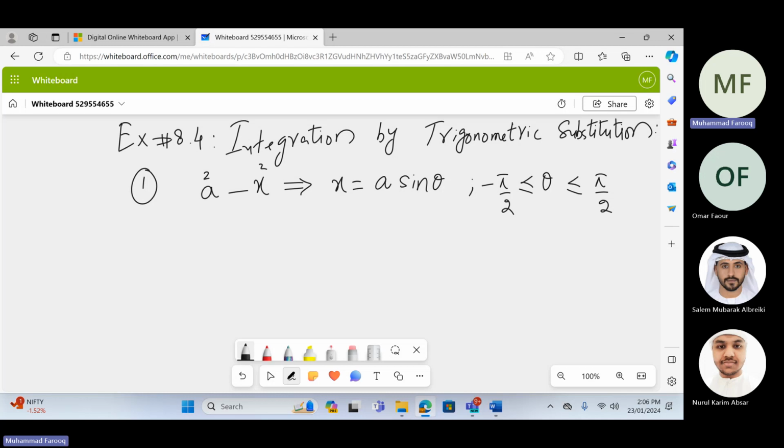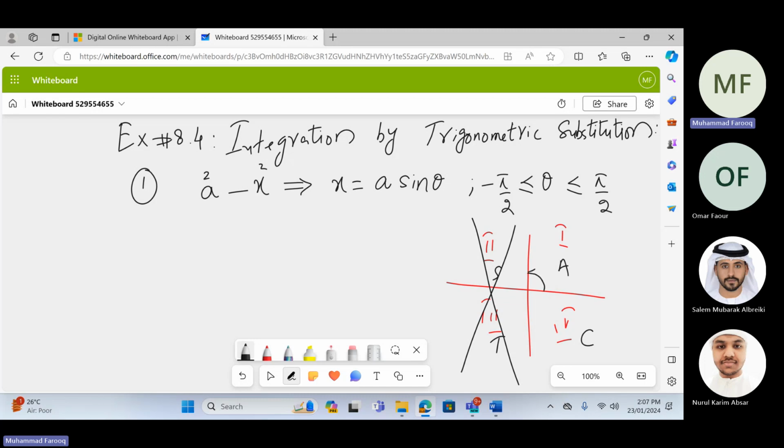Minus pi by 2 to pi by 2 are which quadrants? We have 1, 2, 3, and 4. The first and fourth quadrants cover minus pi by 2 to pi by 2, because pi by 2 means a positive angle, and then negative pi by 2 means going clockwise.